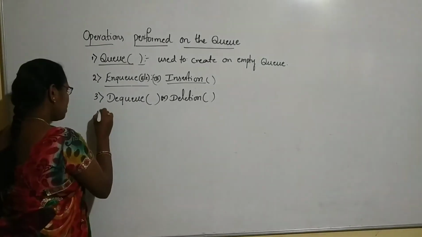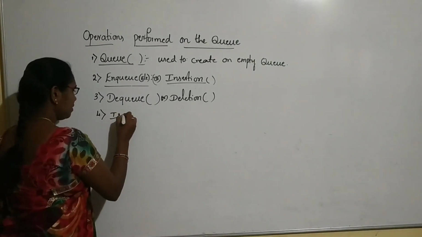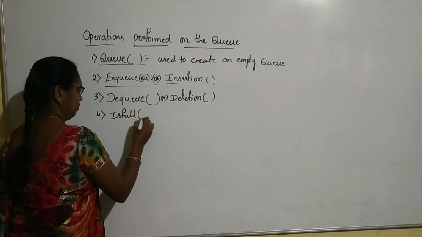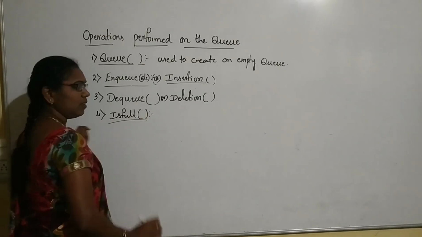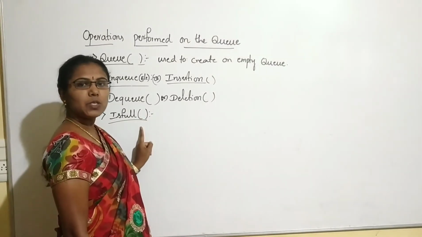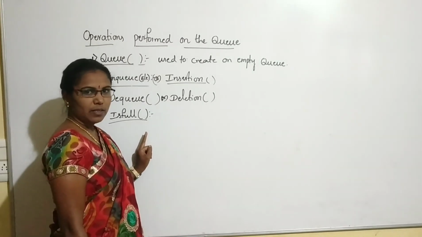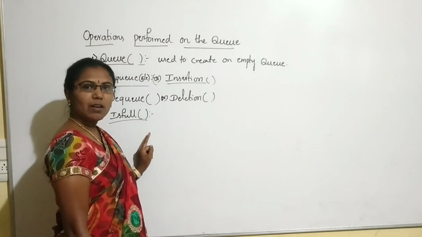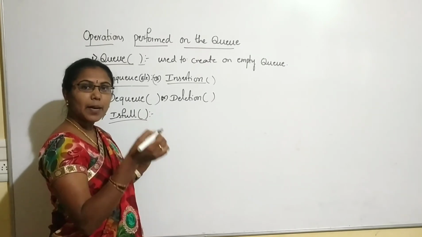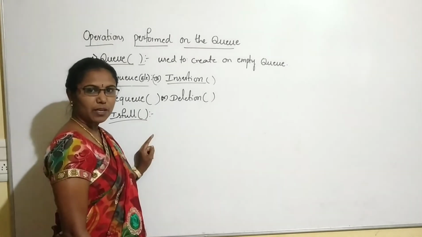Next operation is full. This operation is used to check whether the queue is full or not. We check this using the rear pointer value condition.